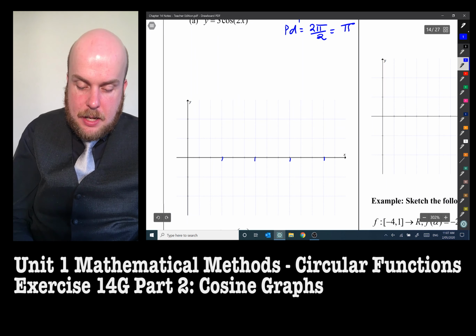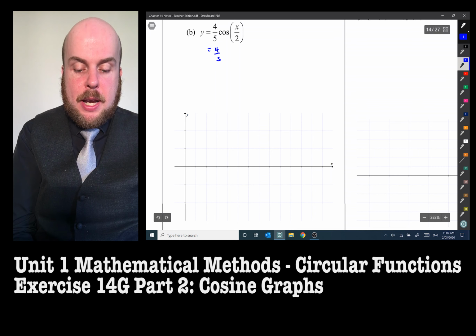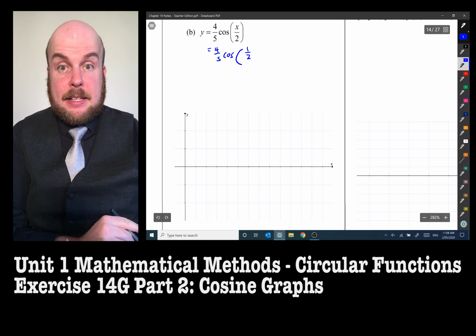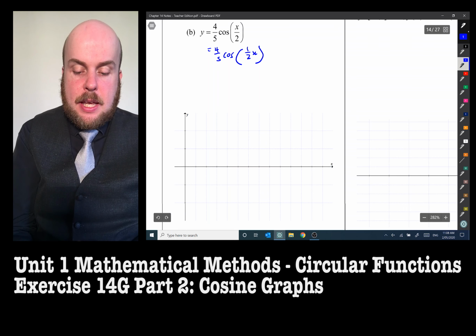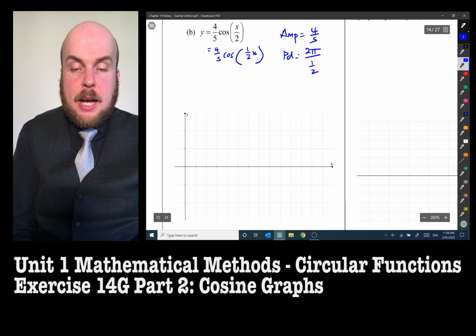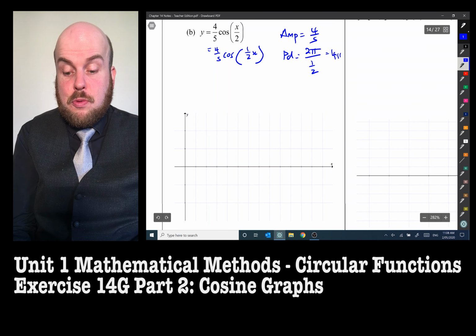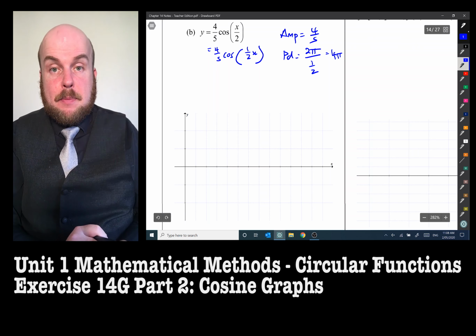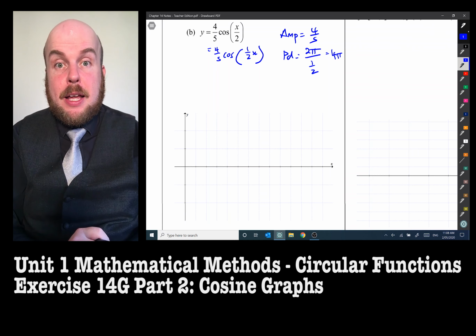Next is 4/5 cos x on 2. So just so you're aware, this is also the same as saying 4/5 cos 1/2 x. That's the exact same thing there. So the amplitude is 4/5. The period will be 2 pi divided by 1/2, which is equal to 4 pi, because 2 pi divided by 1/2 is the same as saying 2 pi times 2.